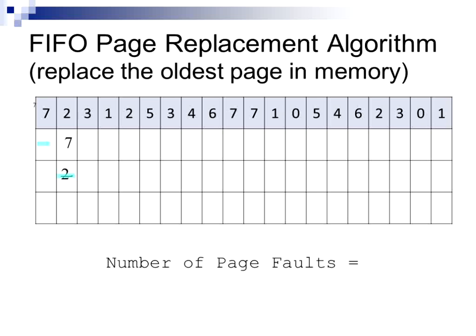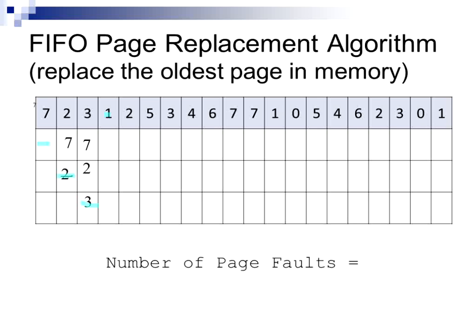We have 7, we have 2 already in memory, and now 3 wants to come in memory, and that's going to cause another page fault. Well, now our memory is full. We have 3 pages in memory, 3 page faults occurred.